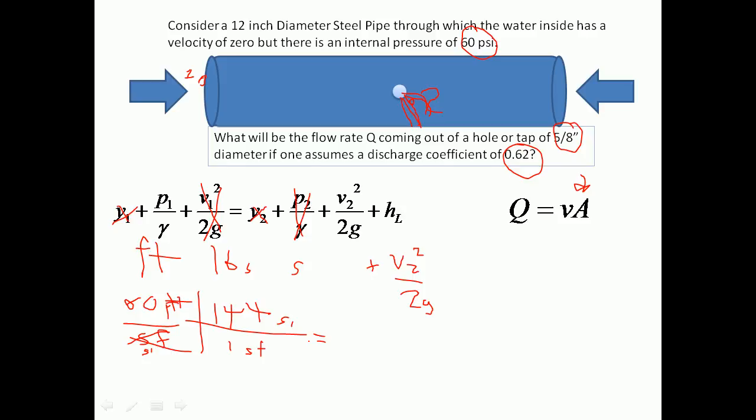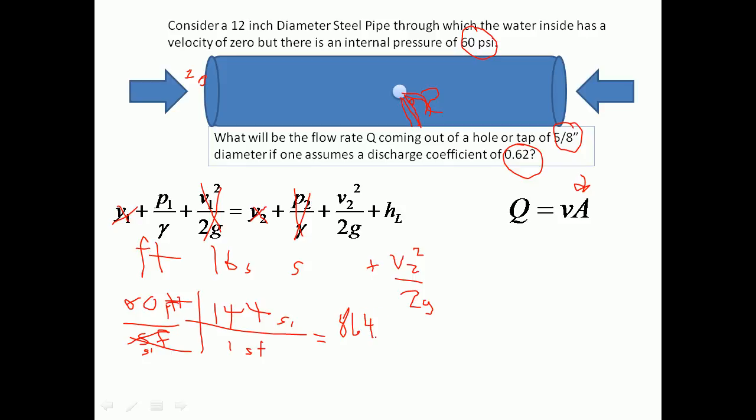You should be able to convert 60 psi to PSF, and you get 8640 PSF.